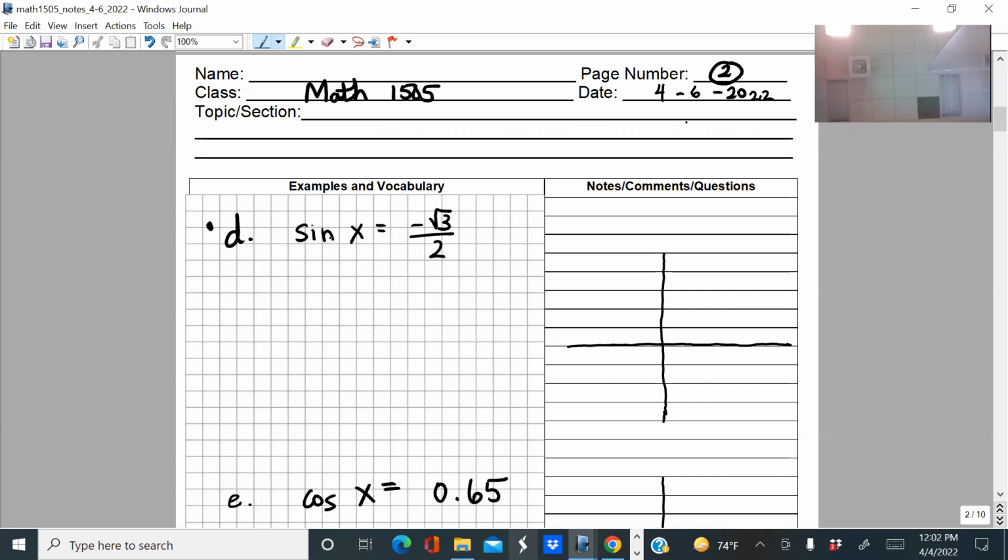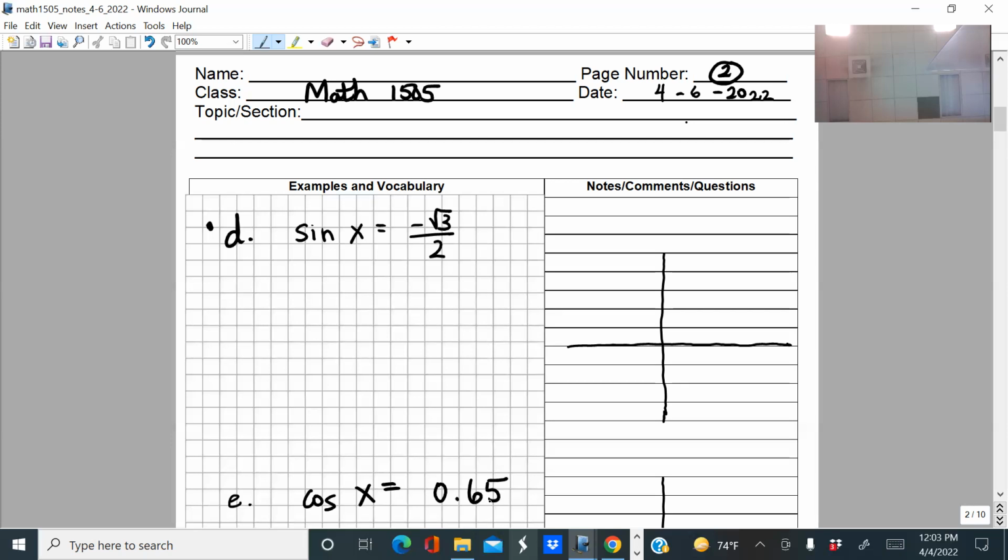One of them you can find by using arc sine, so you can use sine inverse to solve this equation. But the second one you're going to have to find just by inspection. So see if you can find two solutions between 0 and 2 pi to that equation, and then you just add or subtract multiples of 2 pi from those two solutions, and that gives you every possible solution.